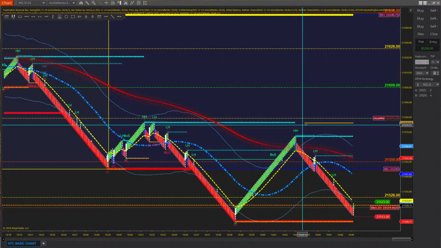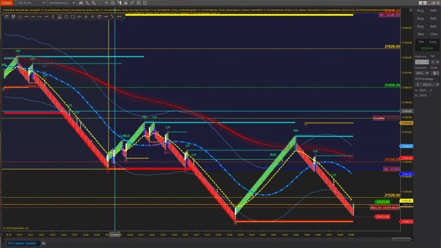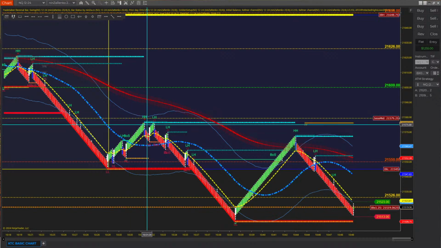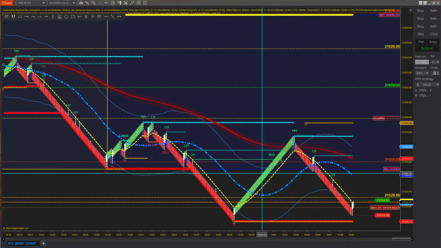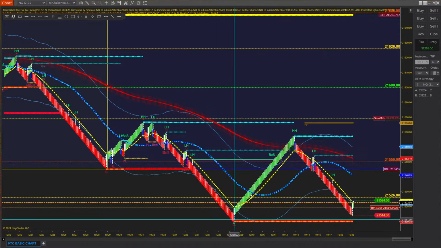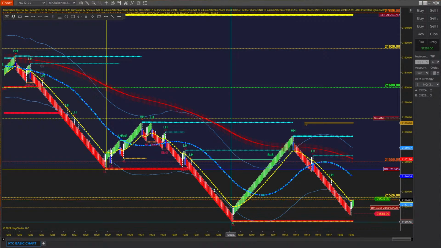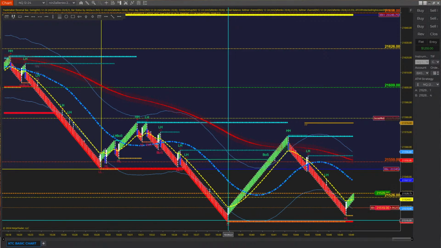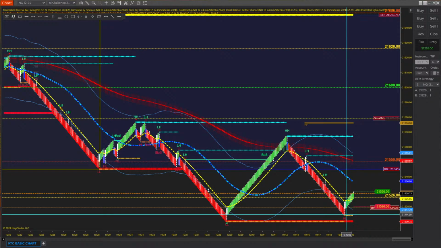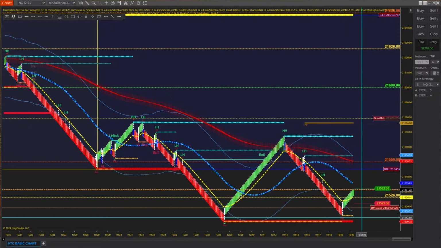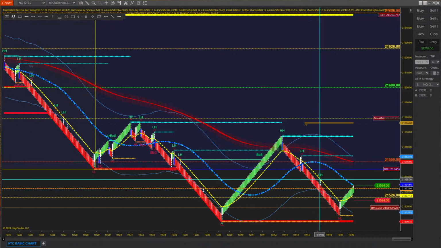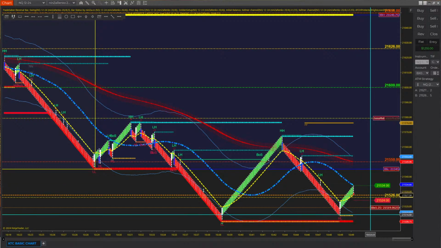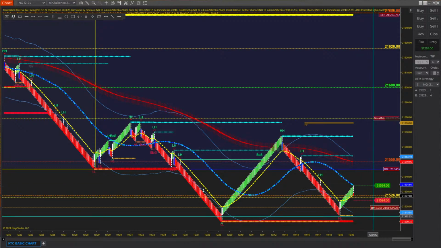See, it didn't give you a red dot here. It gave it here because you never knocked out this dot right there, even though you remember it knocked out this swing here. That's why it printed that green, right? So it's going to try to protect this swing, which it did. You got a higher low. You have another swing right here, but you have the 355. Just look at what's going on here.